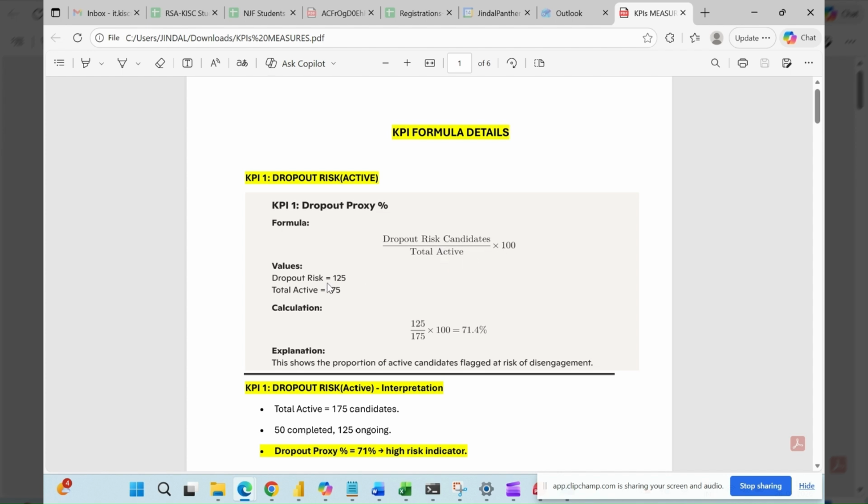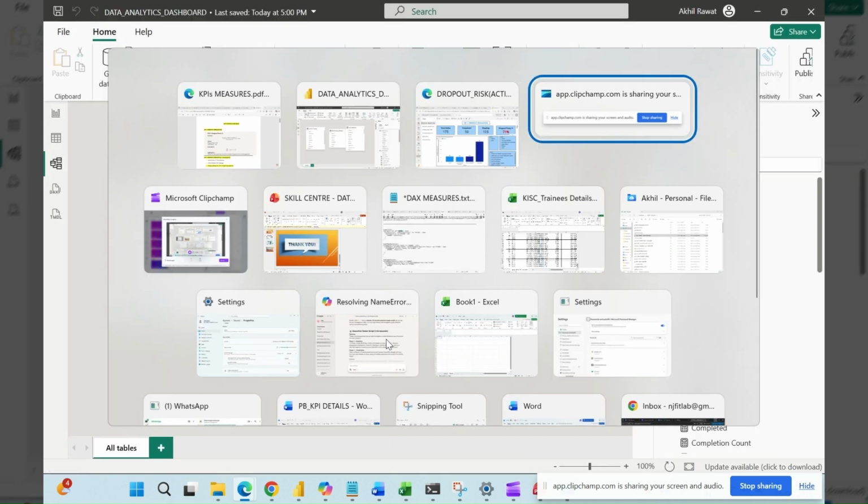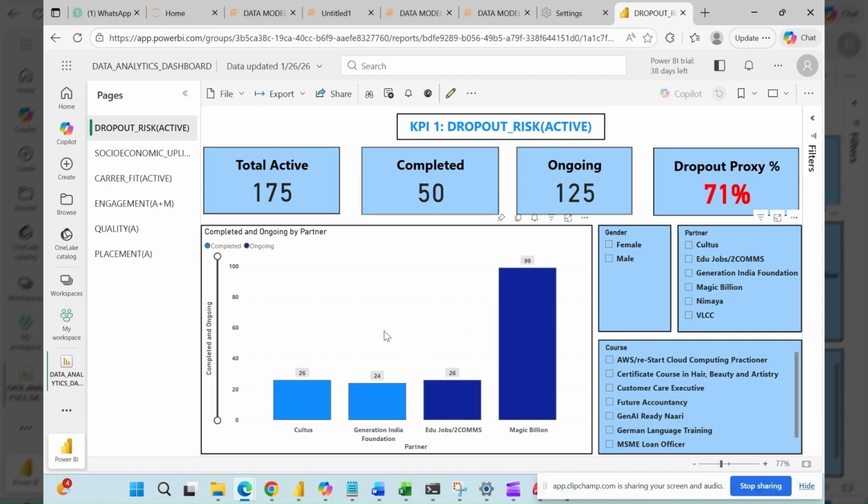Right now we are taking those 125 as proxy, believing that they are unsafe. So 125 divided by 175, that is our total active, into 100 is equal to 71.4. It's still 71.4 when we round the figure, so it became 71%. So what the report is showing: 71%. As easy as that.